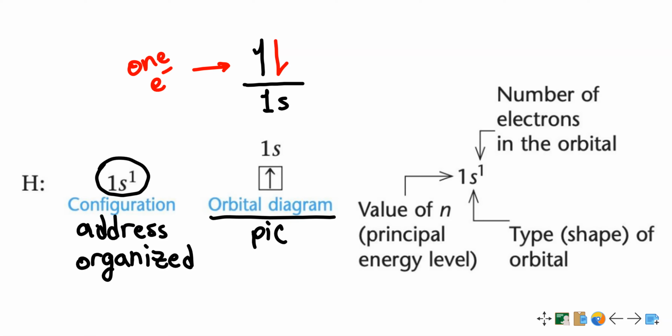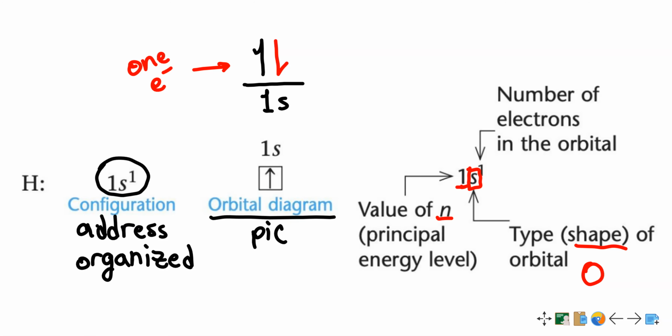But let's go back and take a look at the configuration. The 1 tells me the value of the principal energy level, and in the upper echelons of chemistry, we refer to it as n. So that tells me what floor of the electron hotel I am on. The letter s tells me the type or shape of orbital. In this case, s stands for sphere.